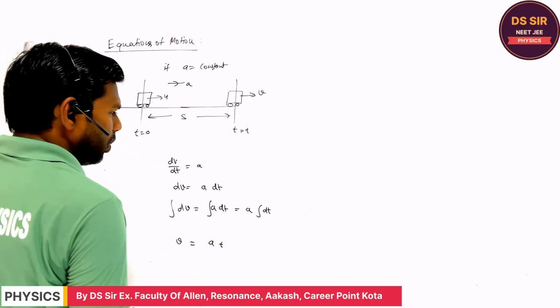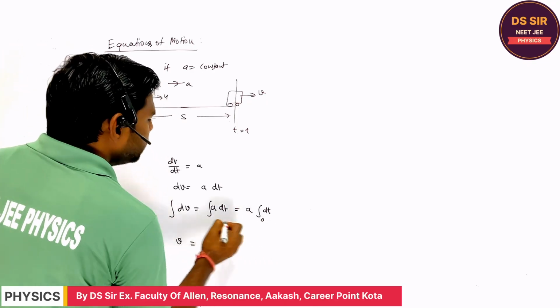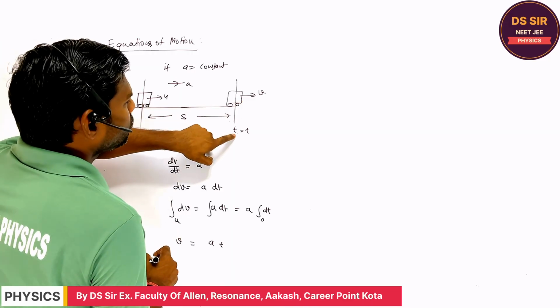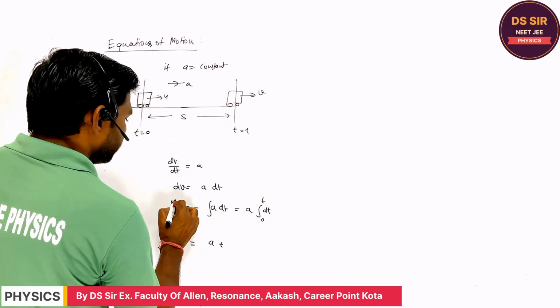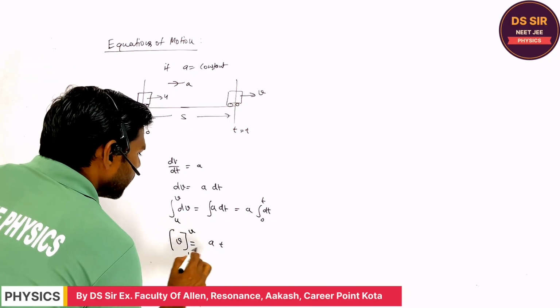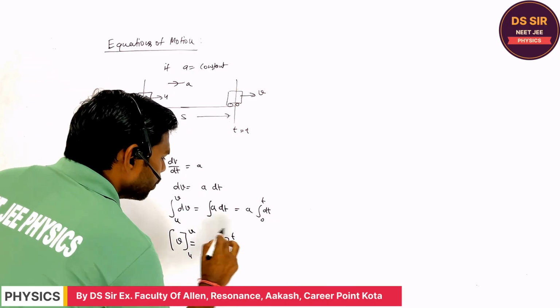T. Also, listen to one thing. At t equal to 0, the initial velocity is u. At t equal to t, the velocity becomes v. So what are the limits? From u to v, and the time varies from 0 to t.